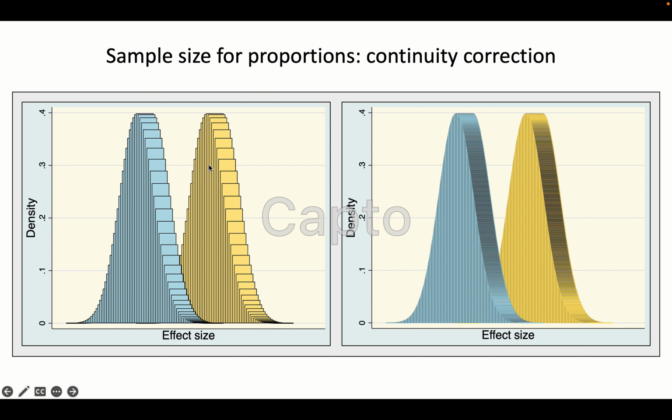What we are doing with the continuity correction is to make this curve nice and smooth like this one, to acknowledge the fact that we are using an approximation to the normal distribution. Because we are not talking about a continuous variable, we are talking about proportions, we need to apply this continuity correction in order to make these curves nice and smooth.